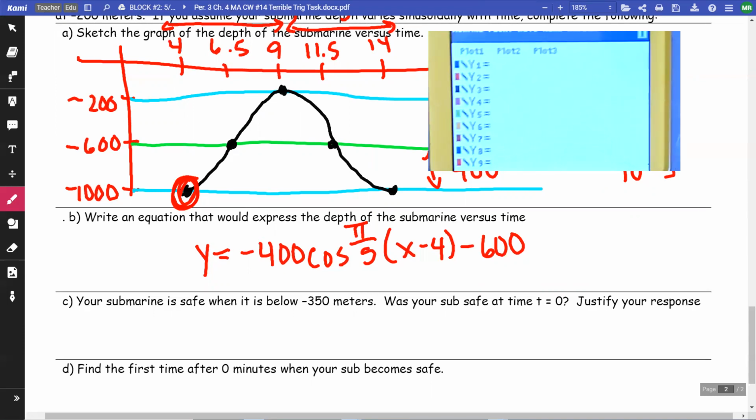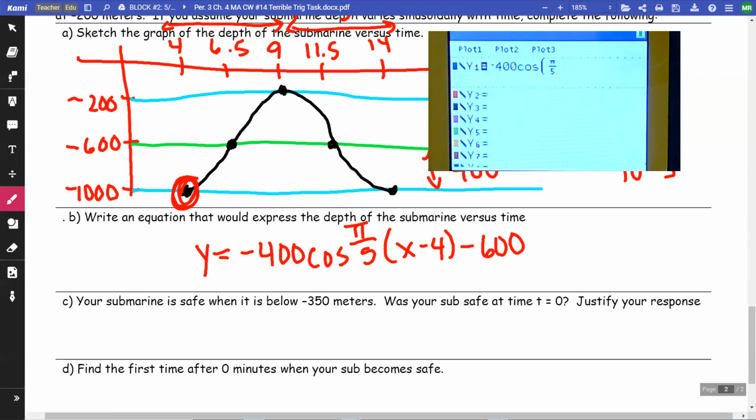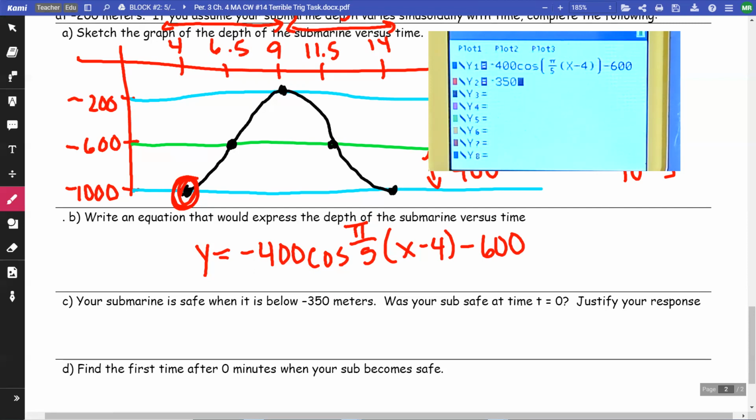I am going to put in negative 400 cosine pi over 5 times x minus 4 minus 600. And we want to know about it being at negative 350. So I'm going to put in y equals negative 350.